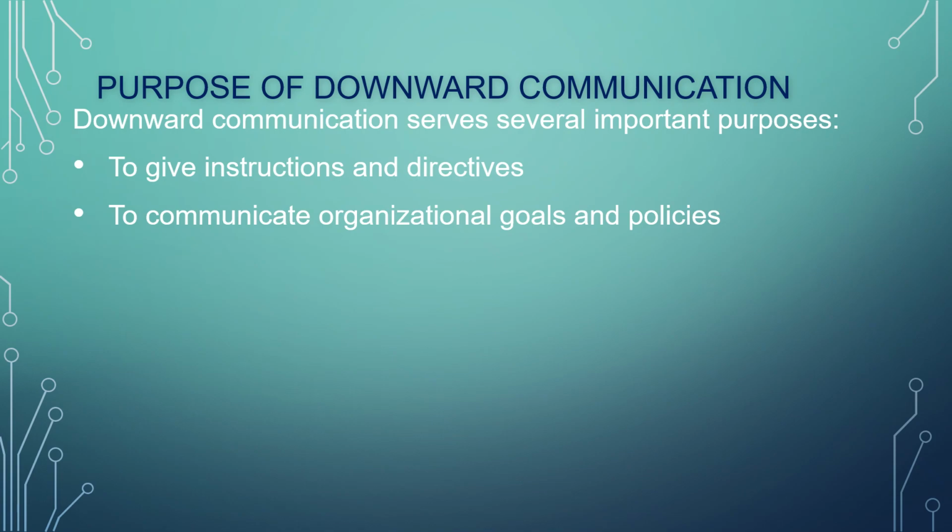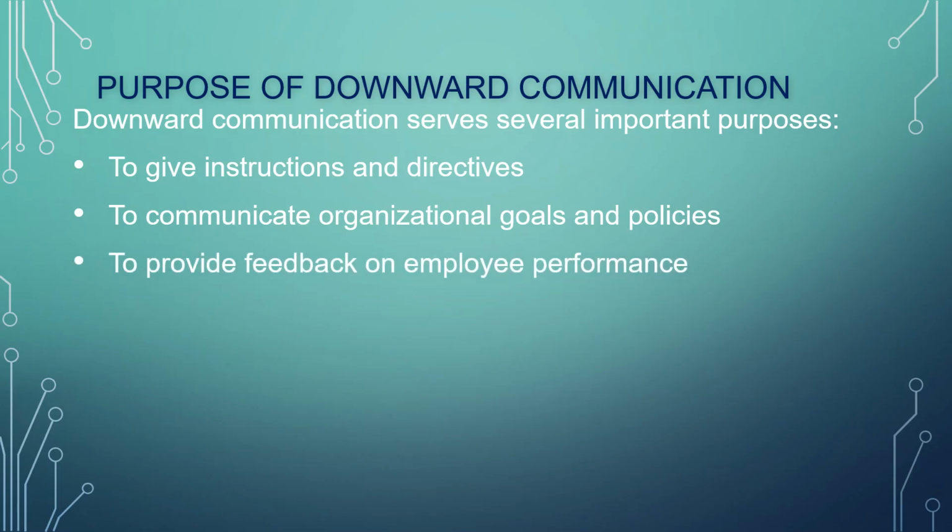At the end of it all, those goals and policies must be communicated to the lower level employees. So it is the role of downward communication to ensure that the goals and policies generated at the top management are passed down to the lower level employees.